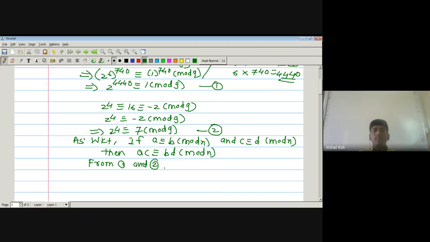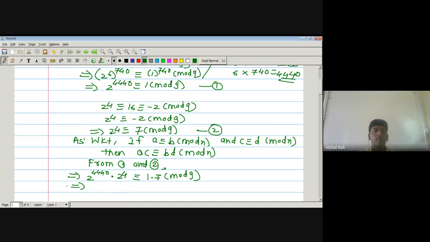what should be the value of A? A is nothing but 2 to the power 4440. B is nothing but 1. C is nothing but 2 to the power 4, and D is nothing but 7, which implies 2 to the power 4440 into 2 to the power 4 is congruent to 1 into 7 modulo 9. Now, what should be the LHS?